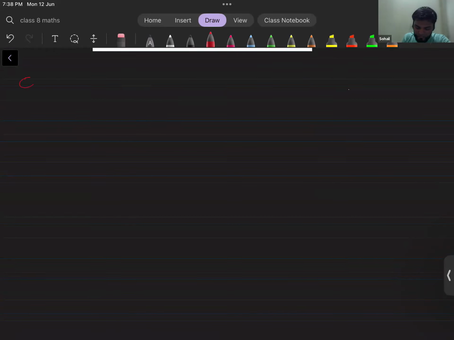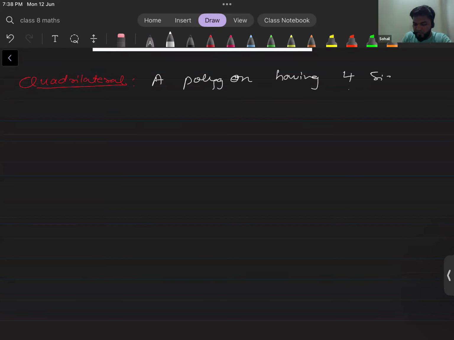If we talk about a quadrilateral, as you already know, it is simply a polygon having four sides. The sides might be equal to each other or might not be equal.